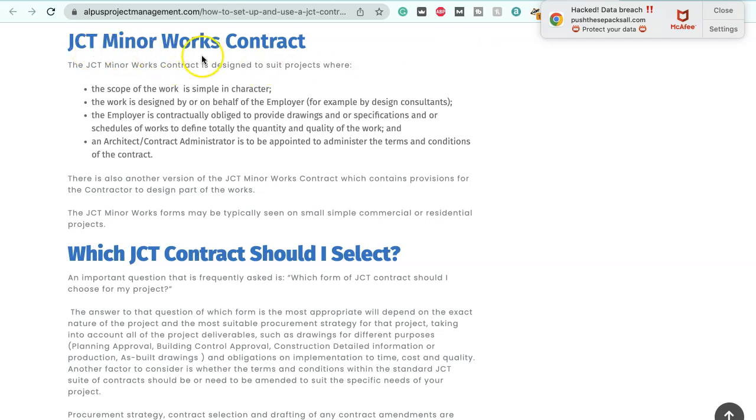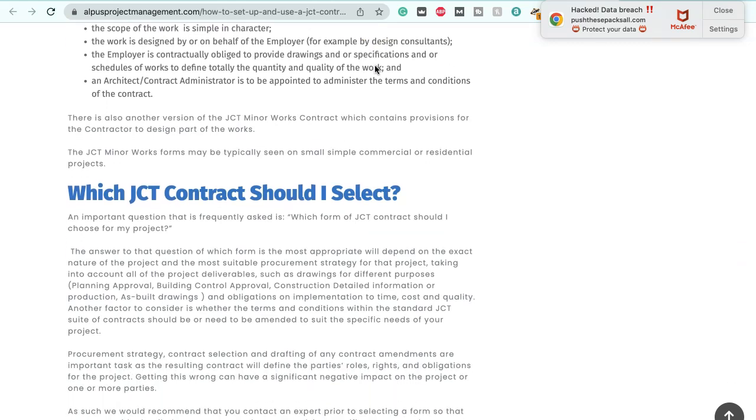The JCT minor works contract. The JCT minor works contract is designed to suit projects where the scope of the works is simple in character. The work is designed by or on behalf of the employer, for example by design consultants, an architect or an engineer.